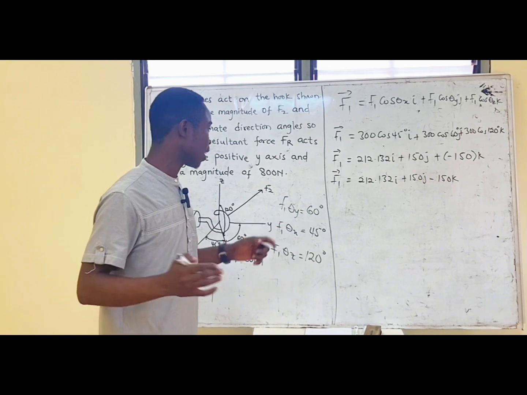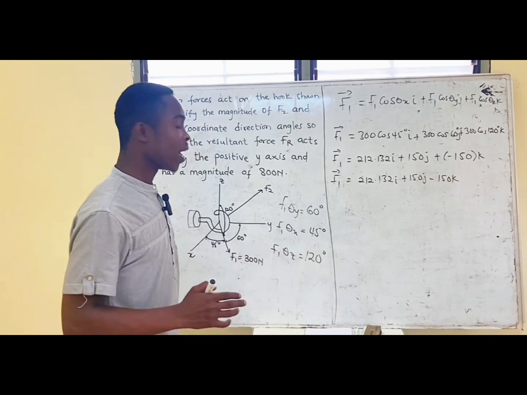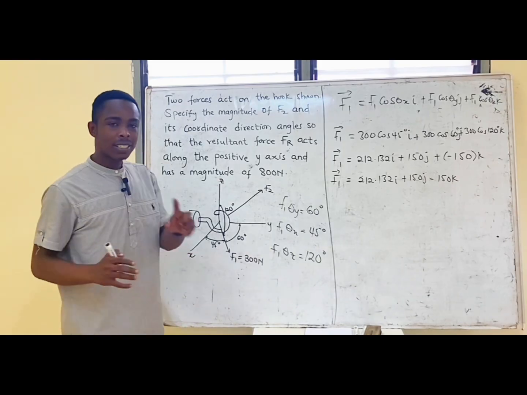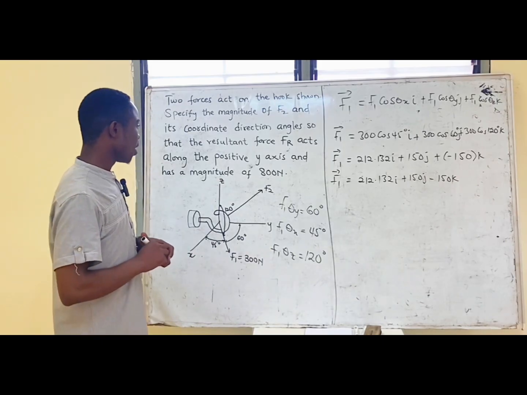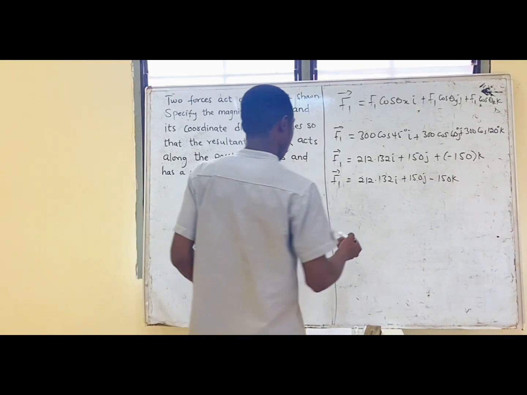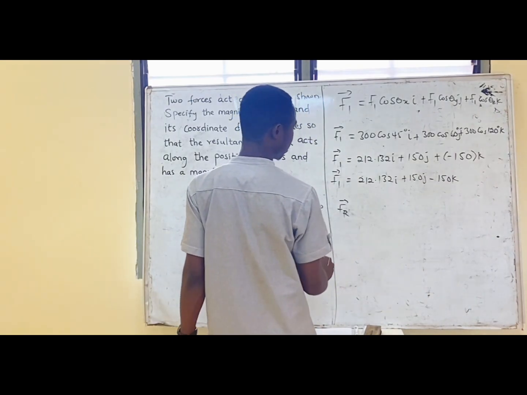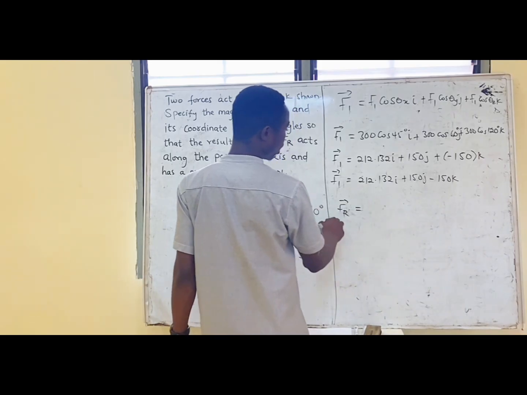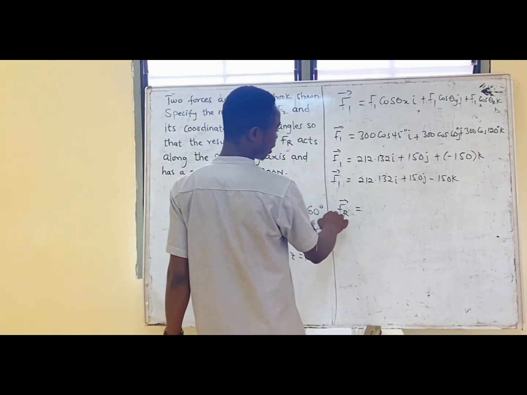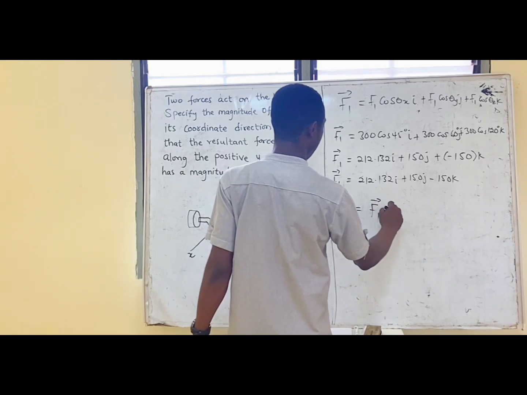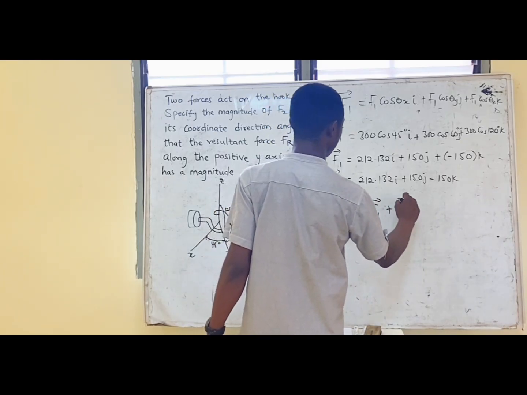So we can't represent our F2 in a Cartesian vector form. But the question says something interesting here. If we have a resultant in a Cartesian vector form, it is equal to F1 bar plus F2 bar.